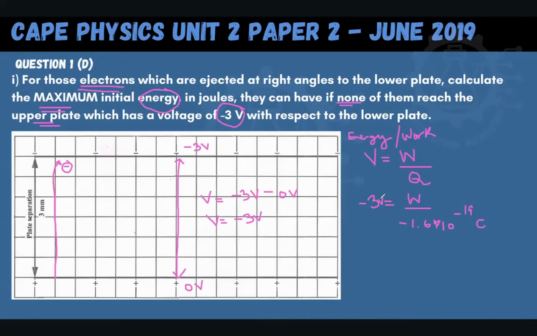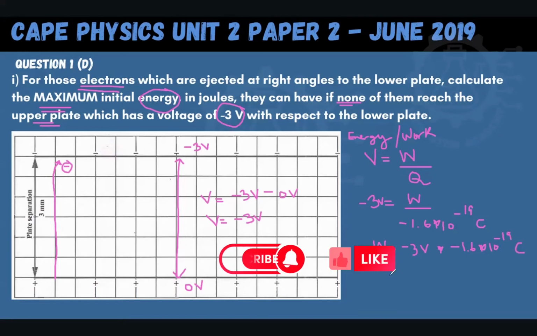So we have volts here and we have coulombs here. We're finding work. We're going to transpose to make W the subject. So W is going to then just be equal to us multiplying the 3 volts there times the negative 1.6 times 10 to the minus 19 coulombs, which is the charge on that electron, the electron that's being moved.